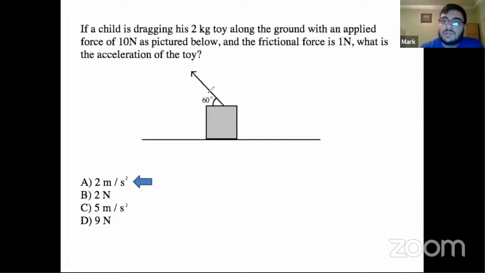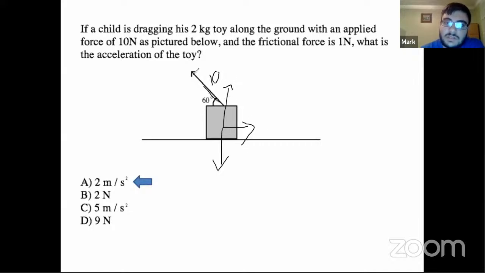The reason you knew this was the applied force is because this was the only arrow in the picture, so you assumed it was the applied force because they mentioned that there was an applied force. But yes, all forces are written as arrows. I drew this to represent gravity, this to represent friction, this to represent the normal force.